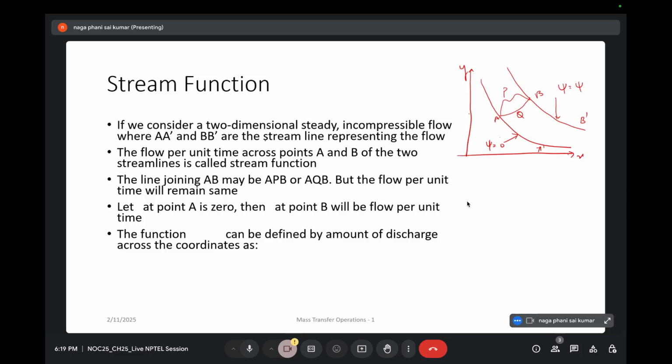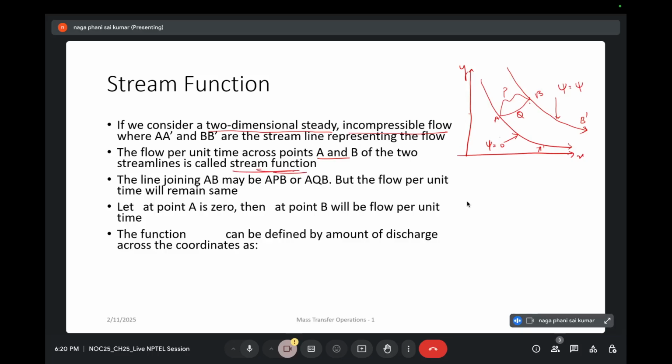Let's consider a two-dimensional study. Always remember the conditions: two-dimensional, incompressible flow, where A dash and B dash are streamlines representing the direction of flow. The flow per unit time across points A and B of two streamlines is called the stream function.